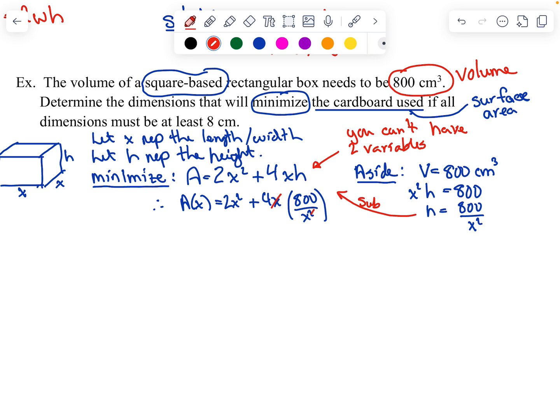Then I can rewrite my equation as a collection of terms, thinking ahead to when we do our derivative, so I can just use my polynomial rule. I'm going to write this as 4 times 800, which is 3200, and instead of writing that as over x in the denominator, I'm going to prep it for the derivative and write it as x to the exponent -1.